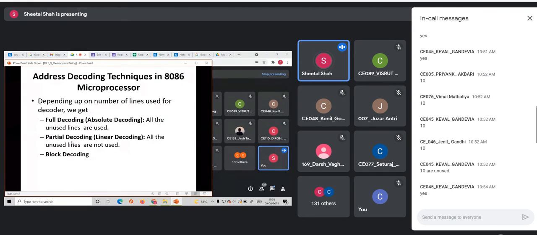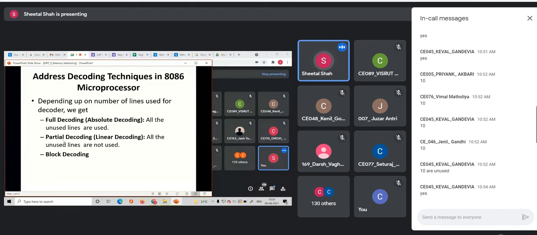The other type of decoding is partial decoding, in which it may not use all the address lines, but some of the address lines can be used as a chip select for that particular IC. That is known as partial decoding.